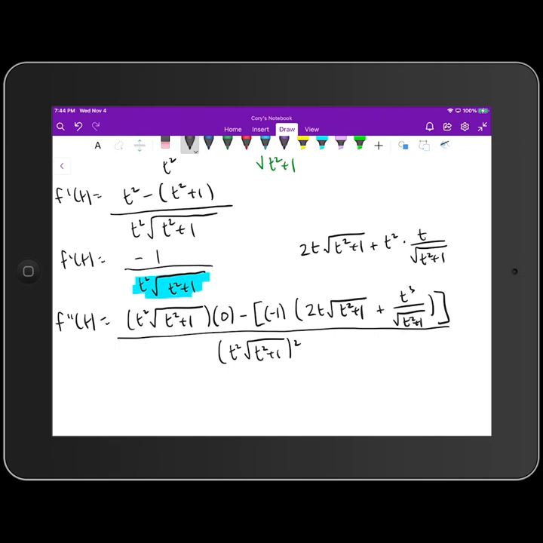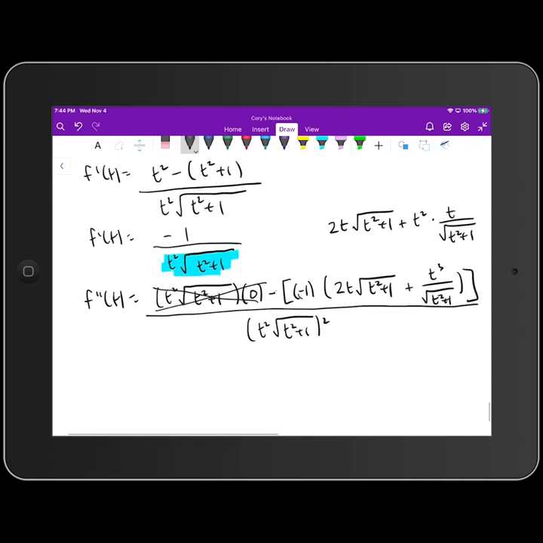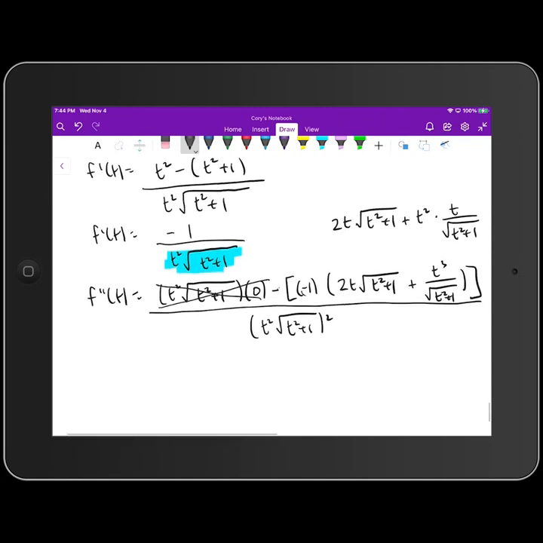Okay, so this right here is 0, so I don't have to worry about that. All right, we have the minus -1. That's going to change the sign here to plus.